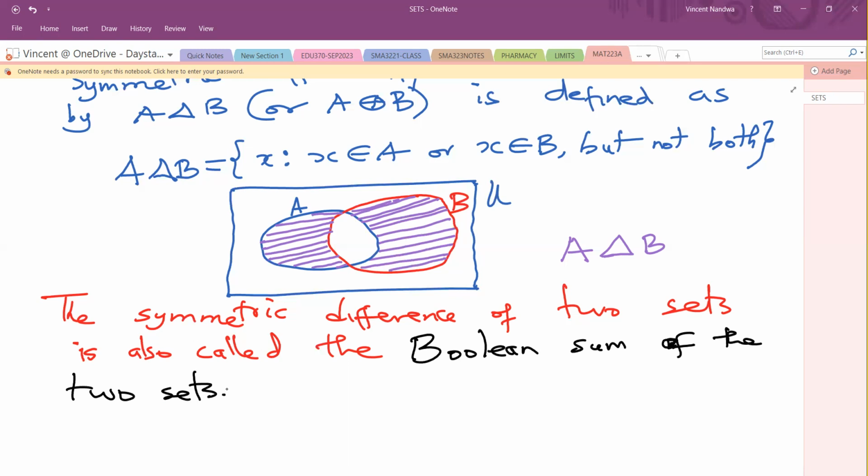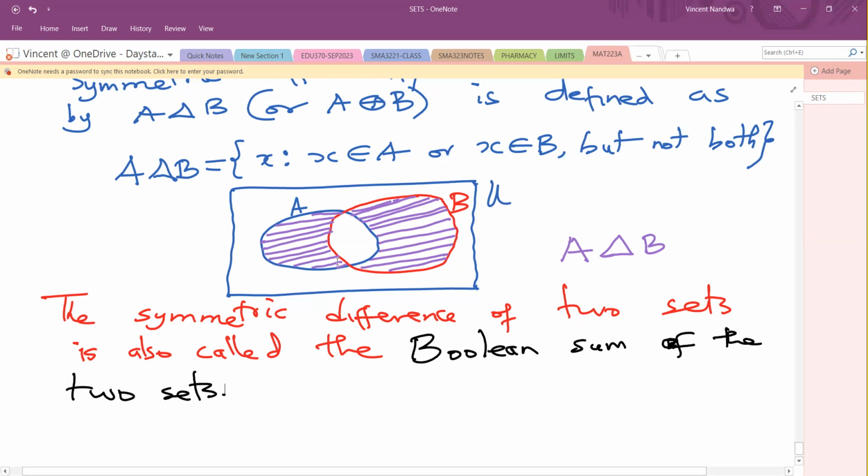So if someone asks you how you can relate the union of A and B and the symmetric difference of A and B, what's the difference?